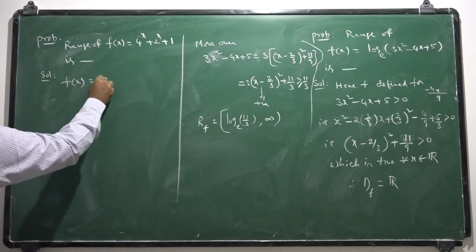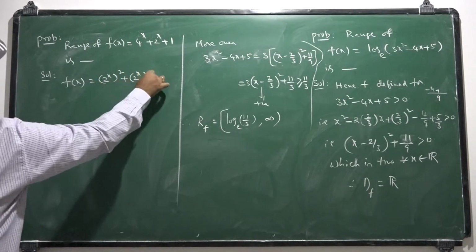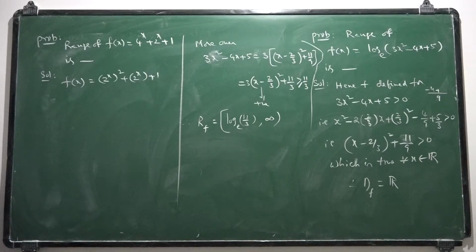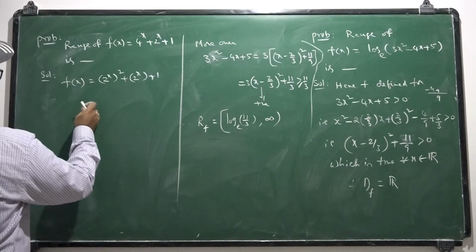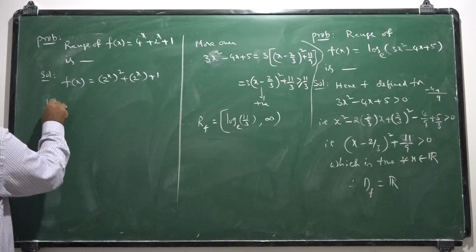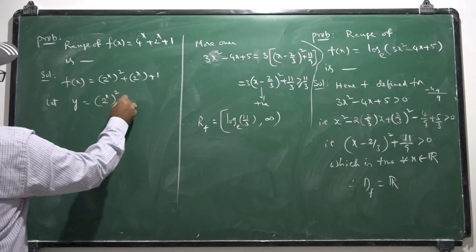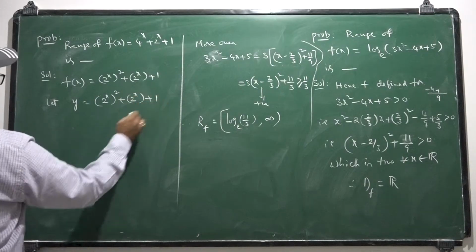Here f(x) is 2 power x whole square plus 2 power x plus 1. Let y equal to 2 power x whole square plus 2 power x plus 1.